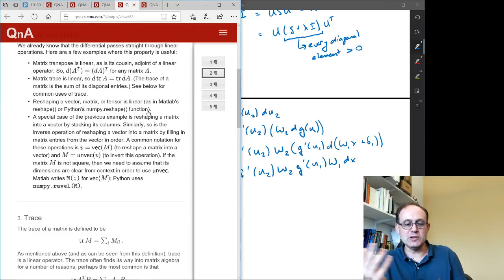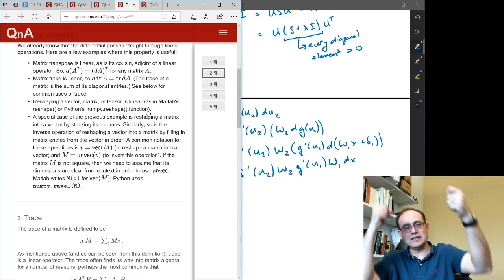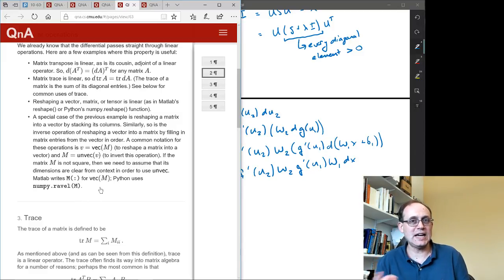That operation is often called vec, and then the inverse operation of taking the vector, pulling off the pieces of it and stacking them back together into a matrix, is called unvec. MATLAB and NumPy both have functions and notations to deal with vec. MATLAB uses m of colon for vec of m, and Python uses numpy.ravel.